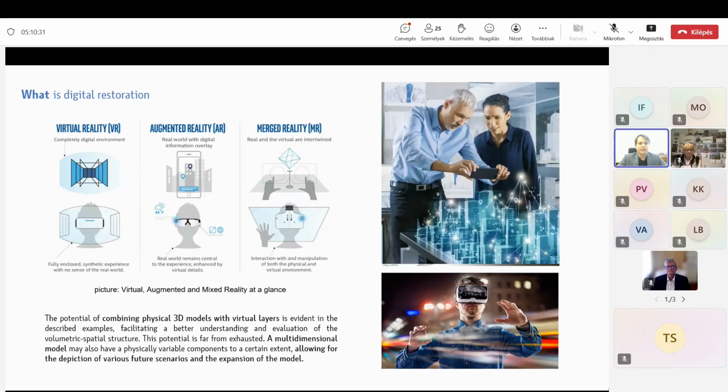What is digital restoration? There are many options for how to restore and bring back even disappeared industrial heritage. We can use classic virtual reality sets or augmented reality tablets and edit presentations or mixed reality.